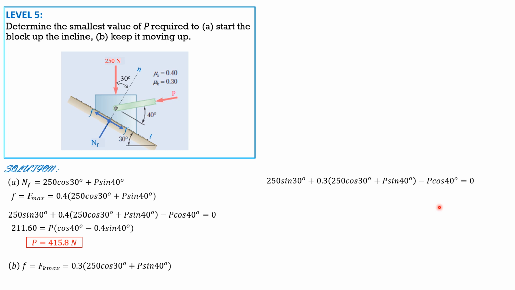So combining again, 189.95 equals P times quantity cosine 40 minus 0.3 sine of 40 degrees. Solving for P is equal to 331.4 newtons. So that's it for this general friction part 1.